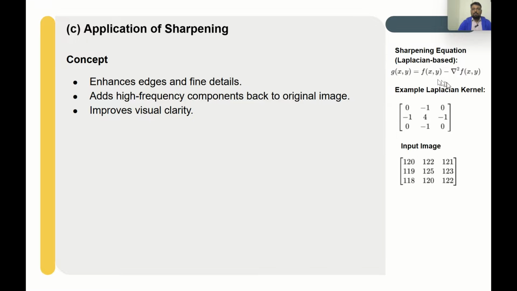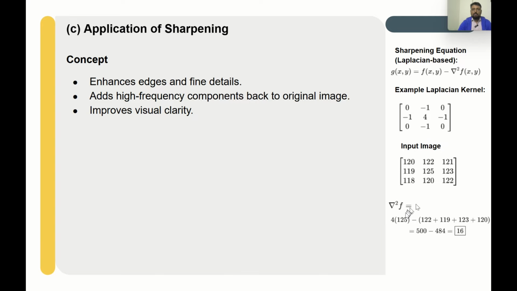This f of x,y represents our input image, and this is our Laplacian kernel. Whatever the central value is, it should be multiplied with 4, because that gets multiplied directly.